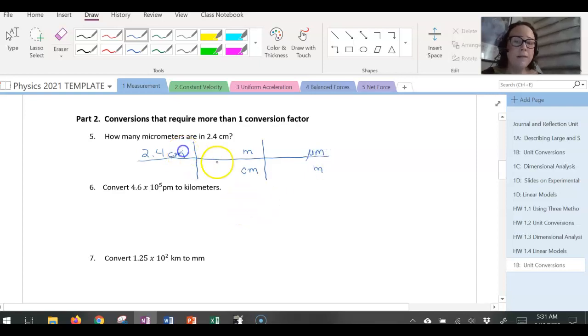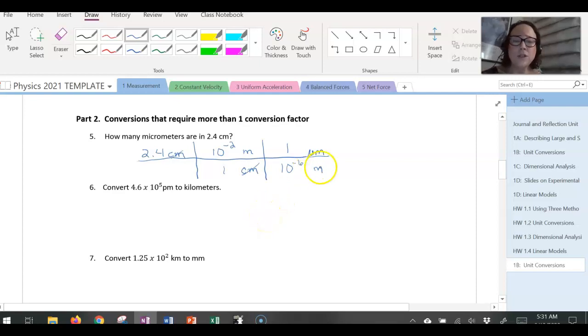That way, I'm only using conversion factors that I am able to easily take out of my memory, and I won't make mistakes, most likely. So I know that 1 centimeter is 1/100th, or 10 to the negative 2 meters. And I know that 1 micrometer is 10 to the negative 6th meters.